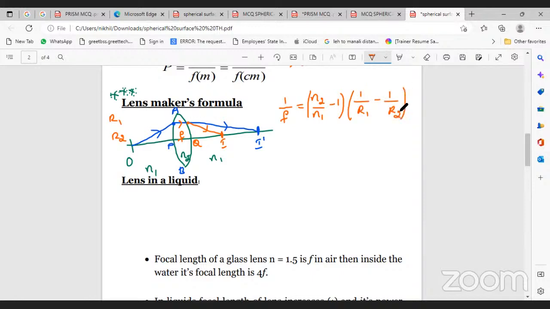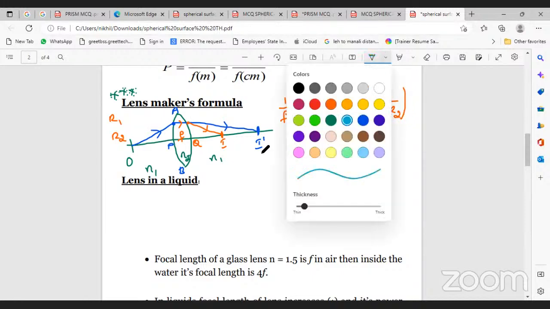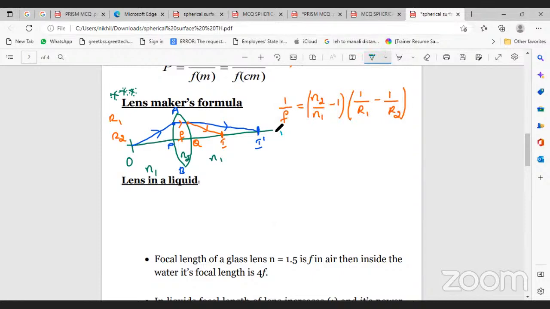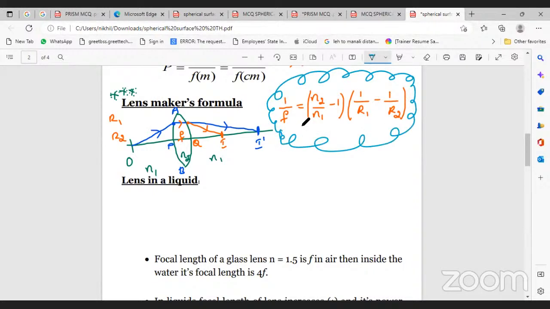So 1 by F equals (N2 by N1 minus 1) into (1 by R1 minus 1 by R2). What is this formula called? Lens maker's formula.